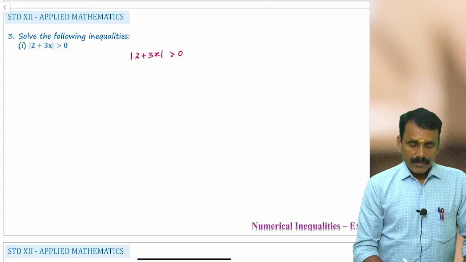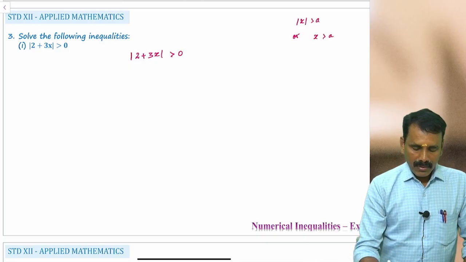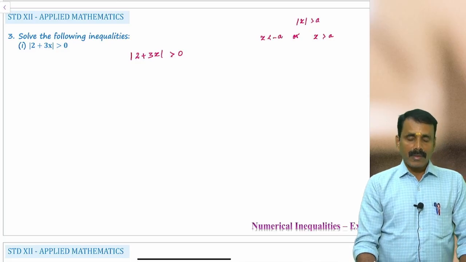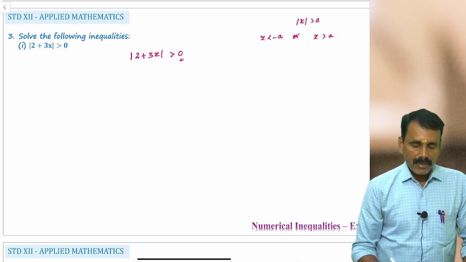Now we used to have, when mod x is strictly greater than a, x will be greater than plus a or x will be less than minus a. But in this particular case, we are going to have 0. Is it clear?